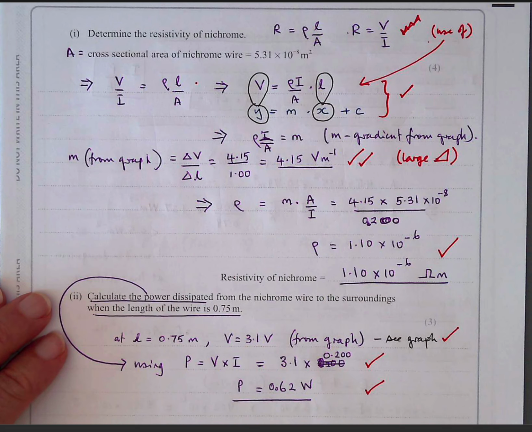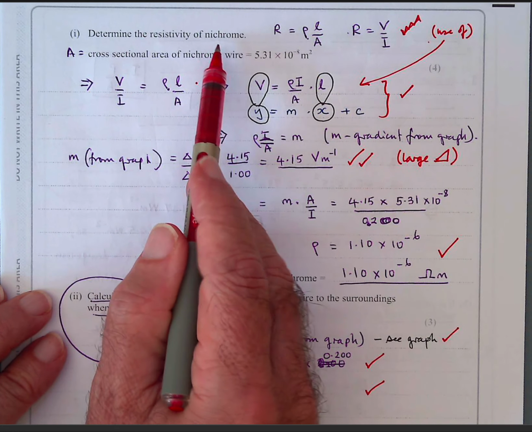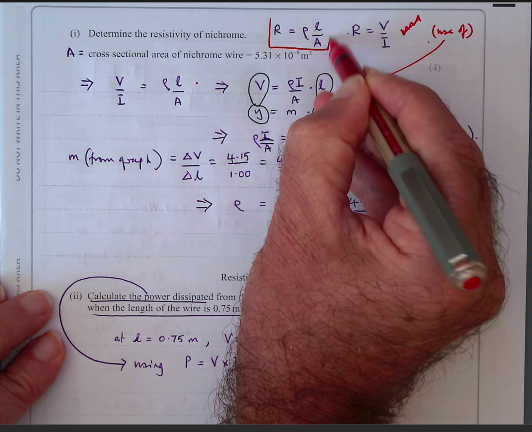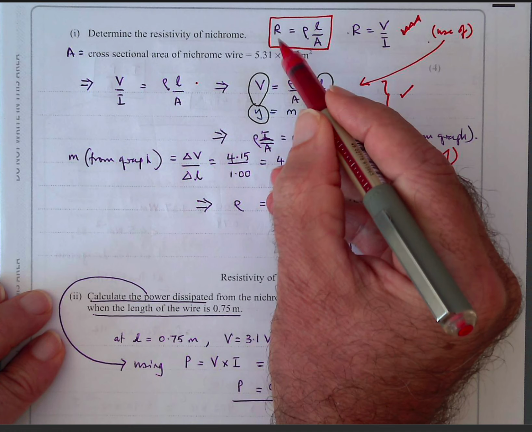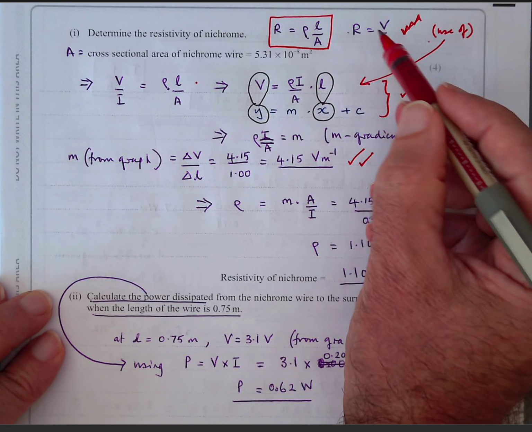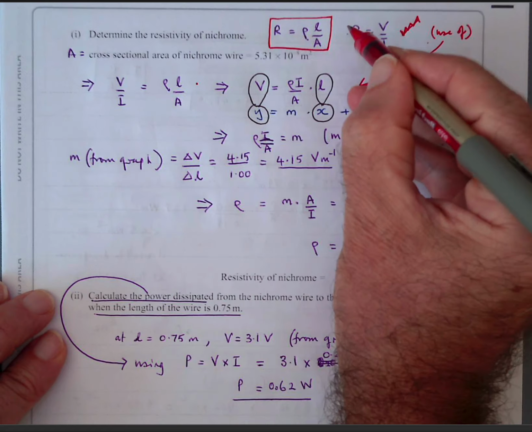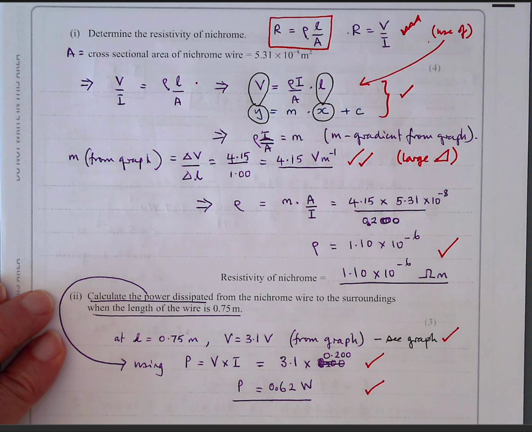Okay, so the next part of the question asks you to determine the resistivity of the nichrome wire. Well, the equation that you're given with resistivity in it is that. Now we don't know the resistance, but we know the voltage and the current, and we want voltage in our equation instead of resistance because our graph has the voltage on it.